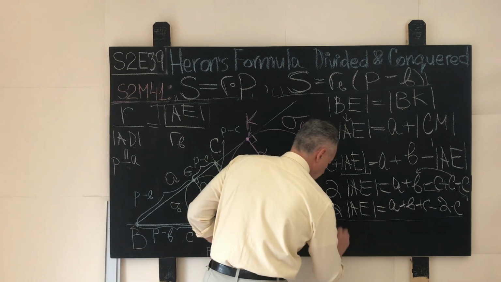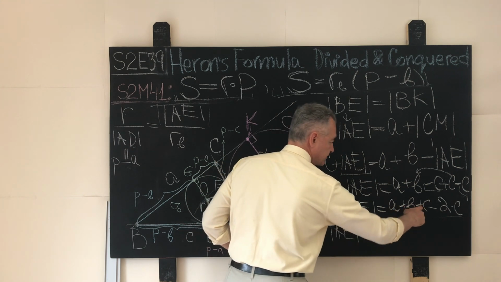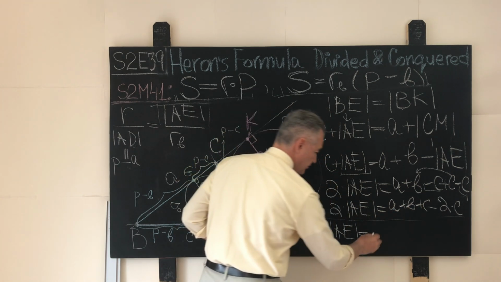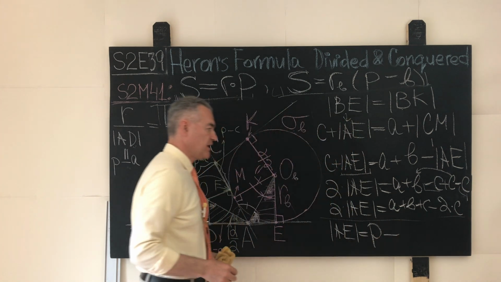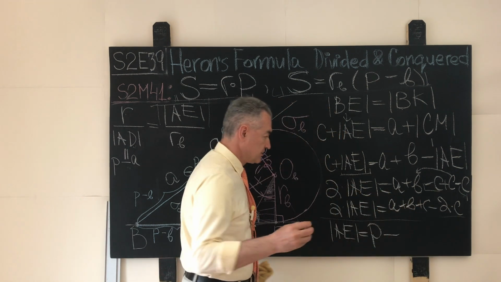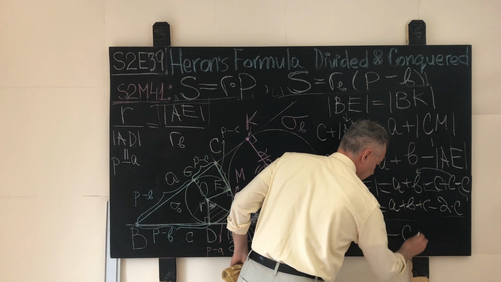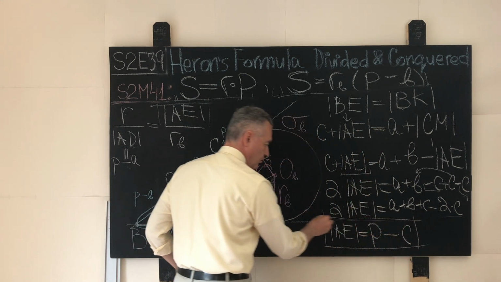The distance between the points A and E is equal to (a plus b plus c) over 2, which is the classical definition of the semi-perimeter of the parent Euclidean triangle ABC, and 2 times c over 2 is c minus c. Voila! This is precisely what we wanted to prove.